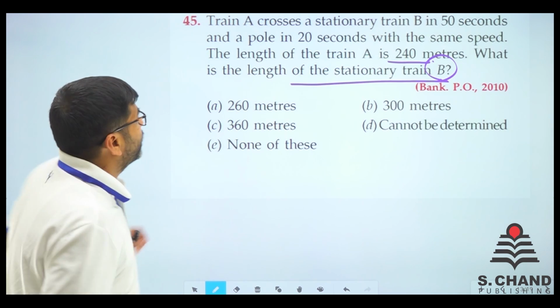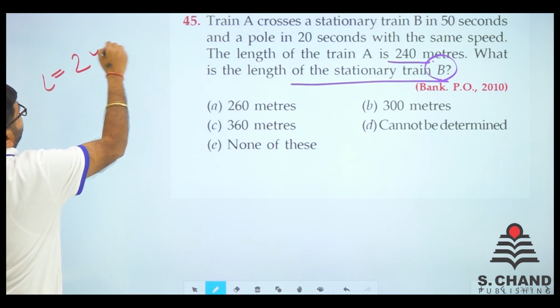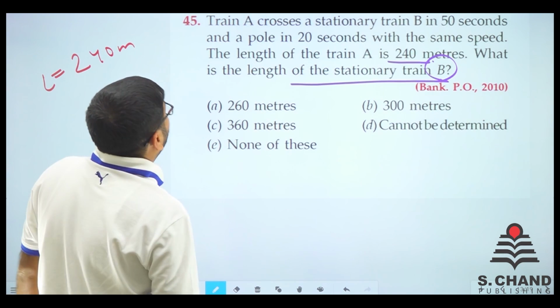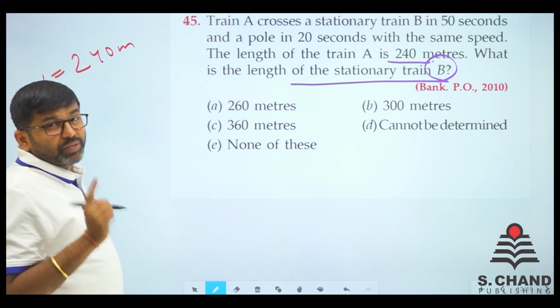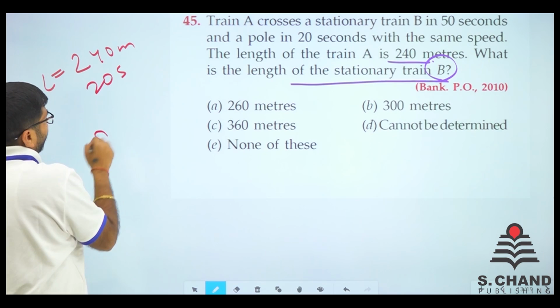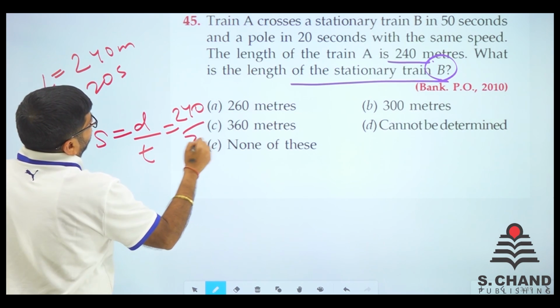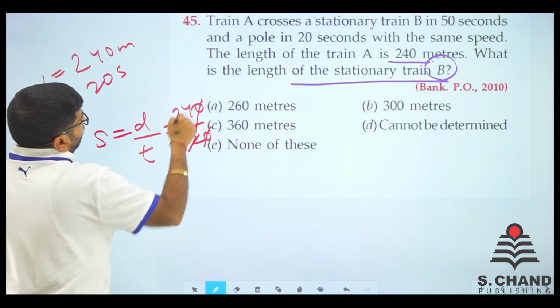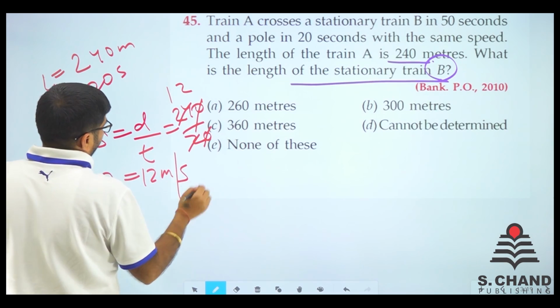First thing first, see, the length of the train is 240 meter, right? And the time taken to cross the pole is 20 seconds. So speed is equal to distance by time, that is 240 by 20, we have 12. So speed is equal to 12 meter per second, right?